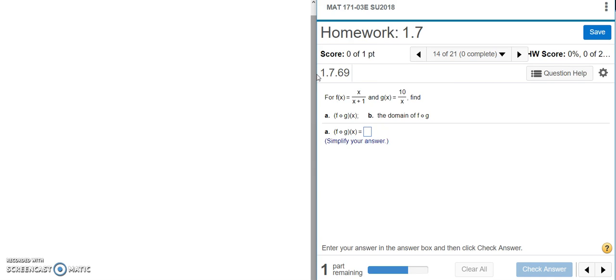So f of g of x means the g function is going to get plugged into the f function. Okay, the g function is getting plugged into the f function. So f of x is just x over x plus 1.